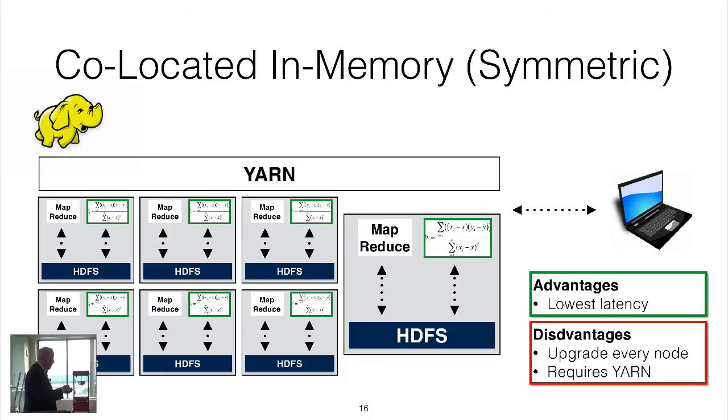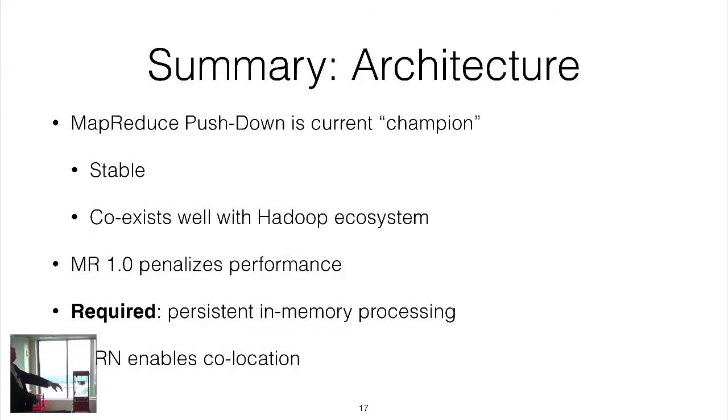However, there's no question that this kind of in-memory or memory-persistent architecture is going to be necessary for high-performance advanced analytics in Hadoop. Let me summarize a few points on architecture. The current champion is simply what I call MapReduce push-down.